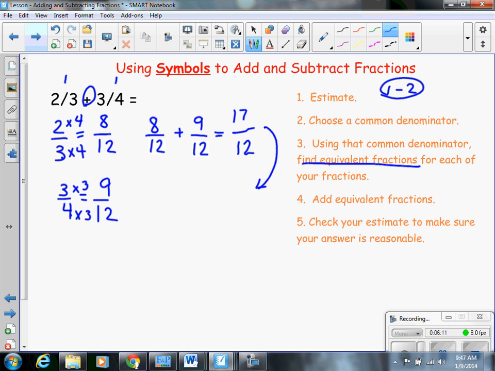Take 17 minus 12, and we get 5. Because 12 twelfths is 1 whole, we're taking away 1 whole and seeing what fraction we're left with. So we have 1 whole, that's 12 twelfths, and then we have 5 left over, so it's 1 and 5 twelfths is our final answer. Both of these are correct, but this one is a proper fraction, whereas this is not.